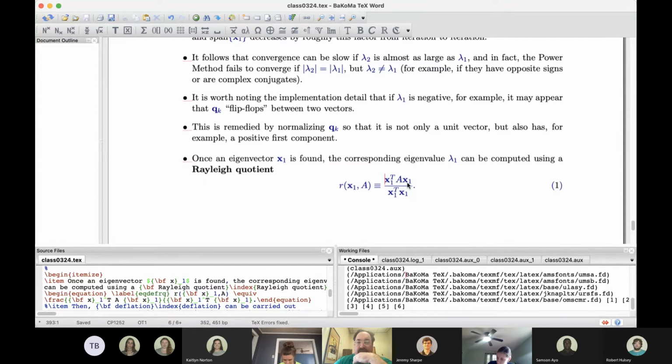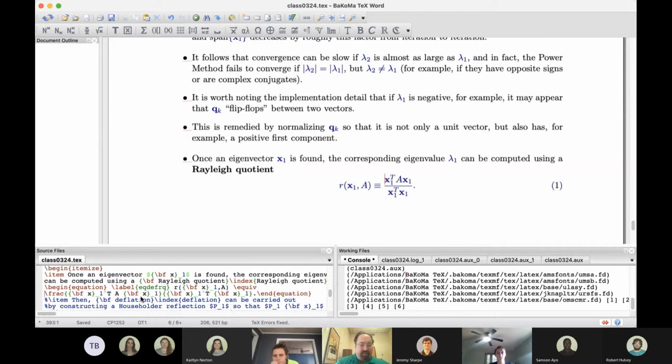So you just go ahead and compute this, where x1 is the eigenvector you converge to, because if x1 is an eigenvector, then you would just get lambda x1 here, but lambda you can pull out, and then everything else cancels out, and you're left with lambda. So anytime you have an eigenvector, its Rayleigh quotient with A gives you the corresponding eigenvalue.